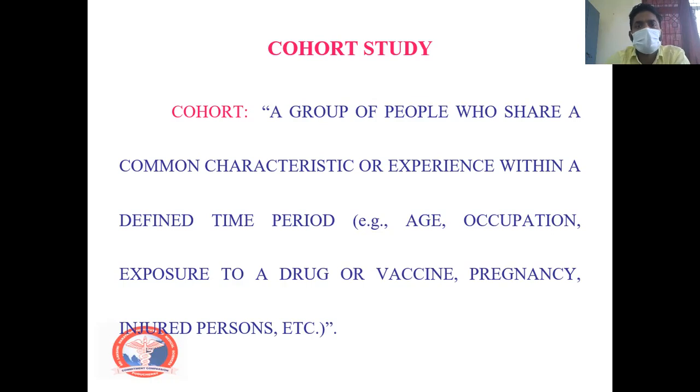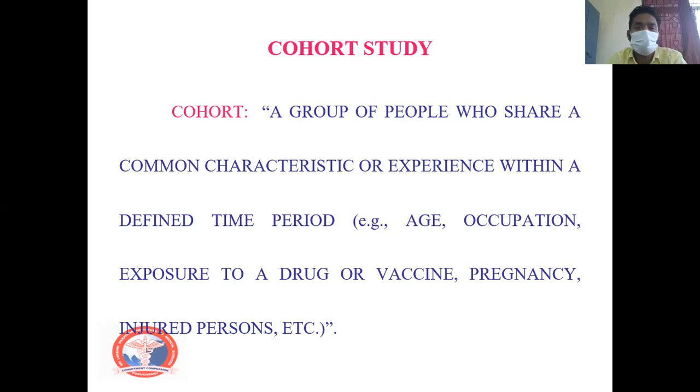What do you mean by cohort? A group of people who share common characteristics or experience within a defined time period. That is age, occupation, exposure to a drug or vaccine, pregnancy, injured persons, etc. So you can label the children born in 2021, from January to December, as a cohort of 2021.